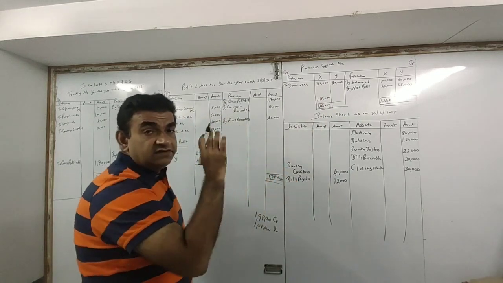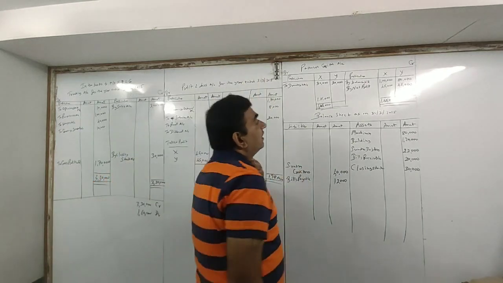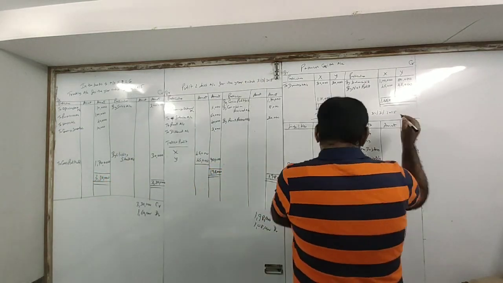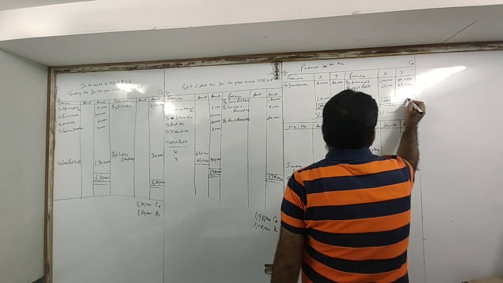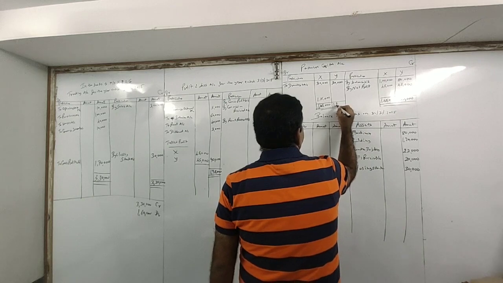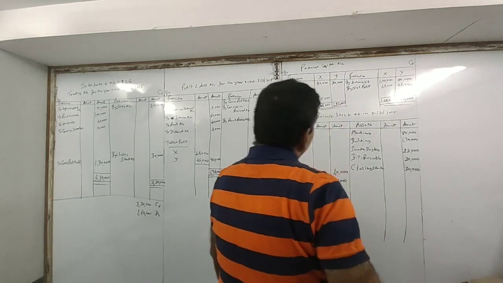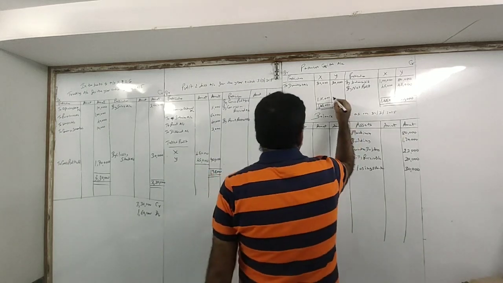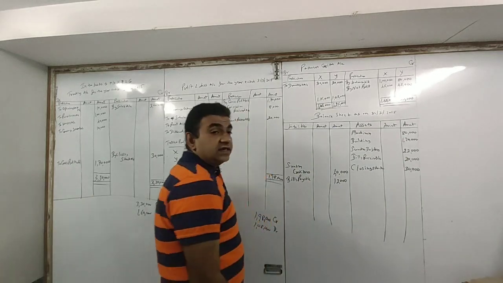Same way do for Y. 80 and 45, 125. So 80,000 plus 45, 1,25,000. डेबिट में 20 है, so 125 minus 20, 1,05,000.